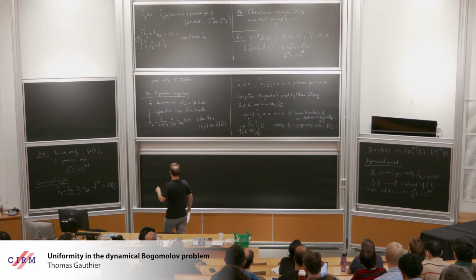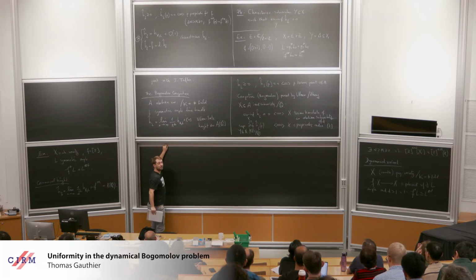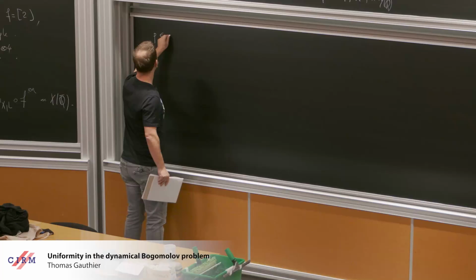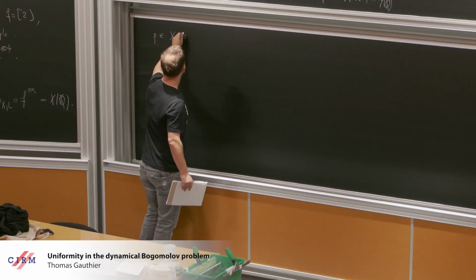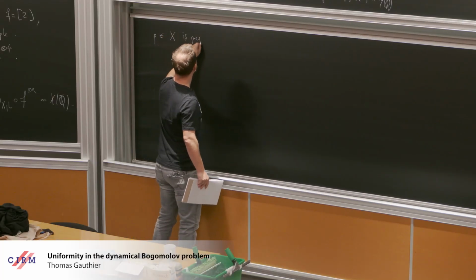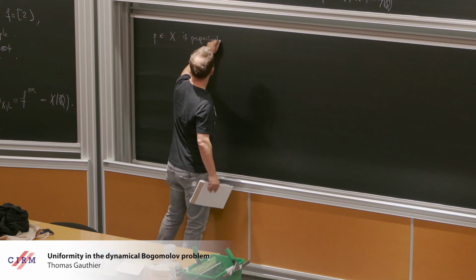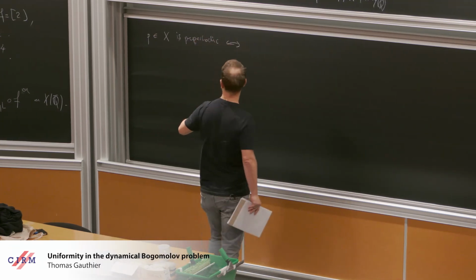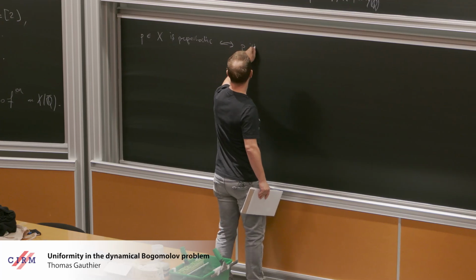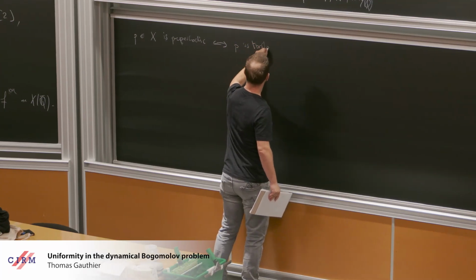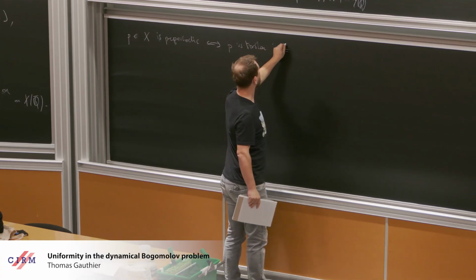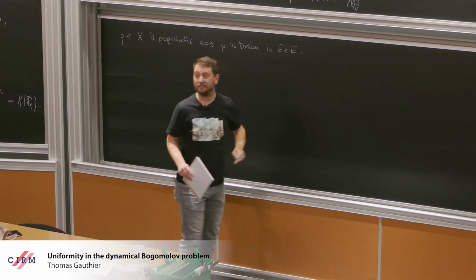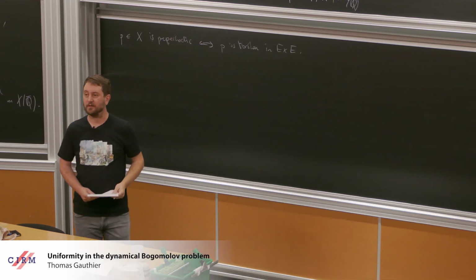Okay, and what are the preperiodic points? P in X is preperiodic if and only if P is torsion in E times E, in this abelian variety. Okay.